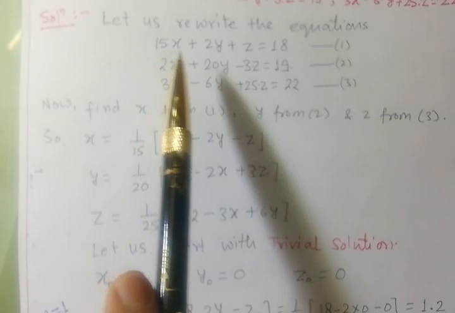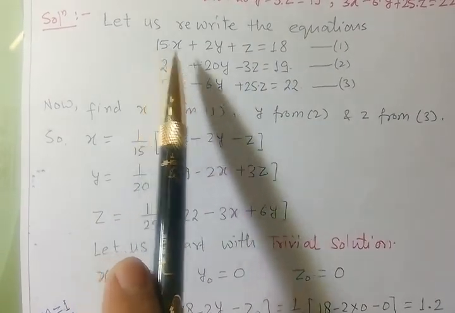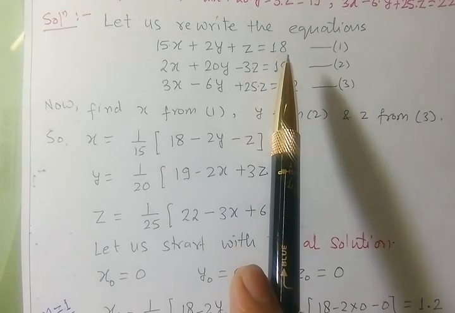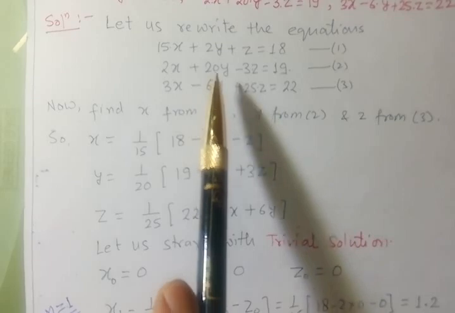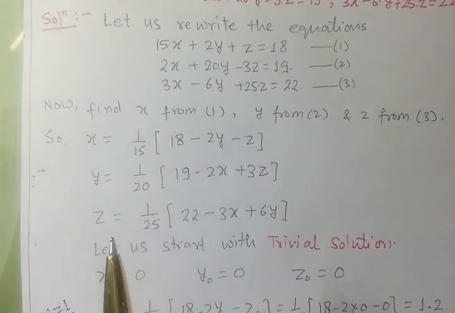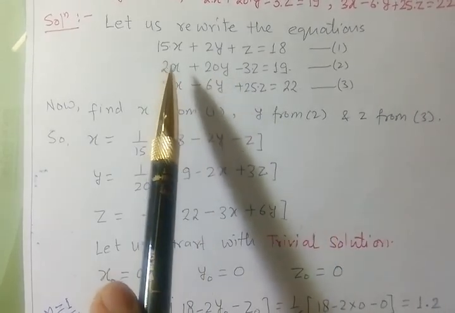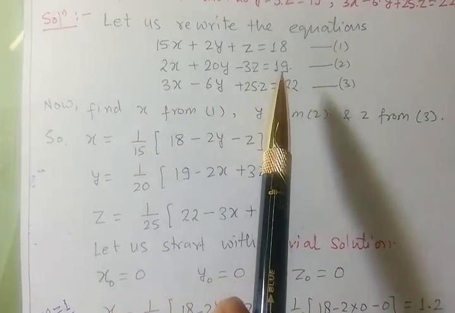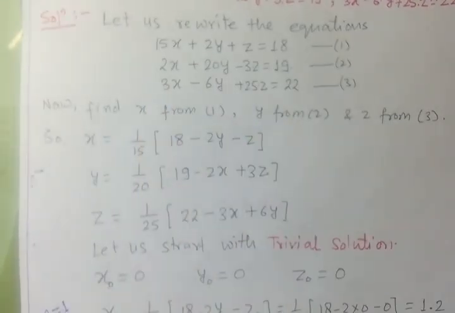So the first equation will be the equation where the coefficient of x is highest. Now come over the remaining 2. First is fixed. Now in the remaining 2, where is y maximum? The y is maximum in the second equation. So we are writing it in the second place. And then we have no option left. So the equation which is left is the third equation.